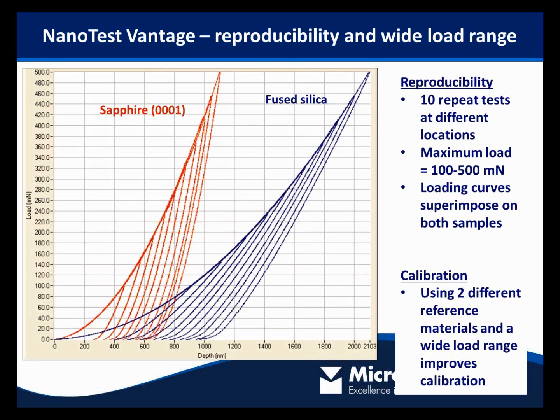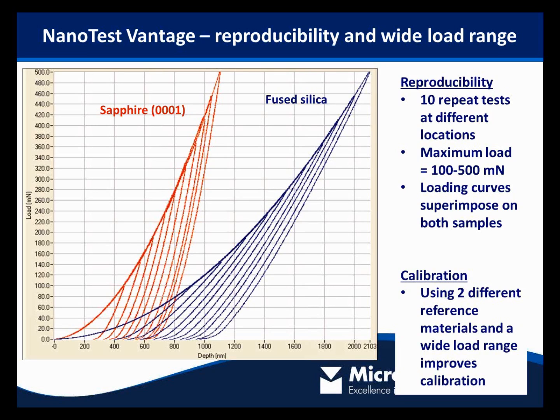And this is done on two different reference materials with rather different mechanical properties. And you can see very reproducible loading curves. All of these indentations that are taking place at different positions, their loading behavior is superimposing. And that's indicative that the instrumentation itself is very reproducible. So if you get variability in your data, that variability will be coming from the sample, not the instrumentation.